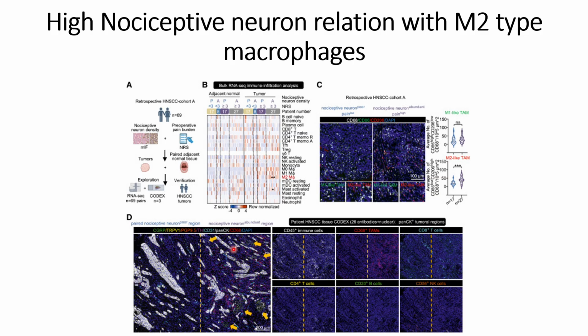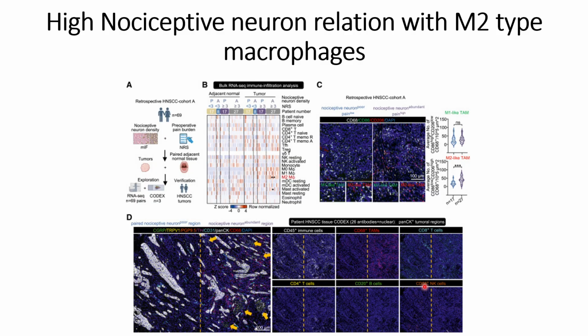And they have individually also measured some of the immune cells, such as CD45 immune cells, which are high, and CD68 plus tumor associated macrophages are also high, and because of that the cytotoxic immune cells, that is CD8 plus T cells, are also high. And they checked for other T cells also, that is CD4 plus T cells, CD20 plus cells, CD56 plus cells.